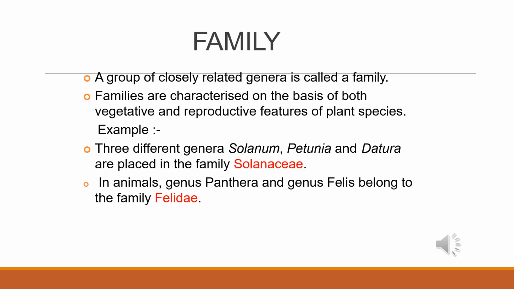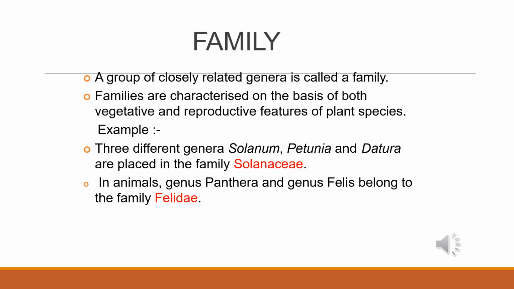For example, family Canidae, the family of dogs, contains 4 genera: Canis, Vulpes, Lycaon and Dusicyon. Family Felidae includes Panthera and Felis. Family Solanaceae of dicots has genera like Solanum, Petunia, Datura and Atropa.